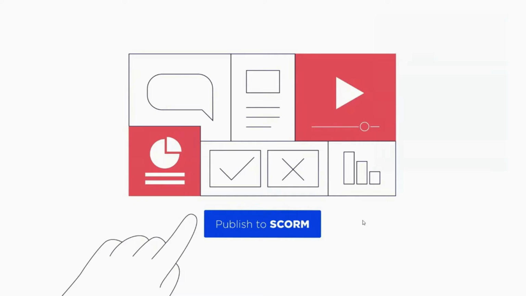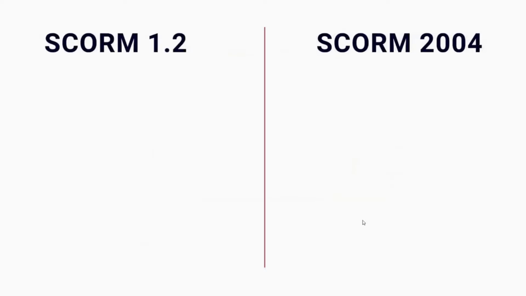So let's talk about the versions of this standard. I'm pretty sure you have come across them and are wondering how they are different. There are two versions of SCORM, 1.2 and 2004. Each version has its own technical features and advantages. The most important difference is how it shows the user results.